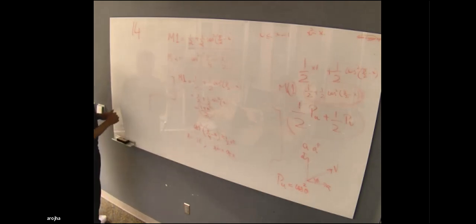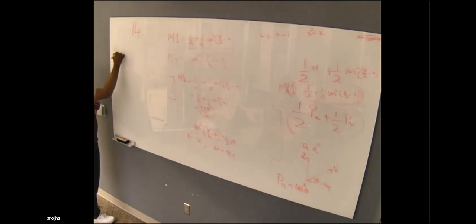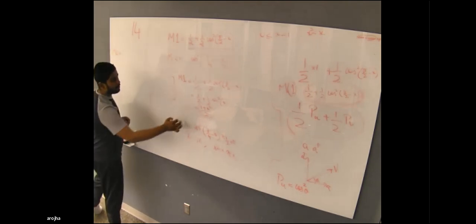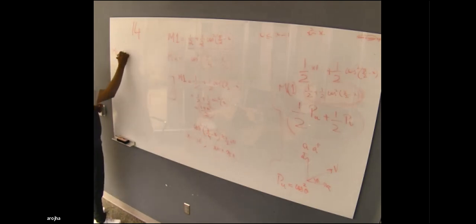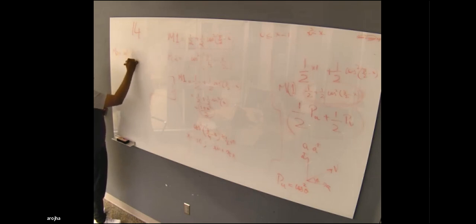Now I need to do M2. Is that the answer then? Yes, this part is the answer for M1. Then I need to calculate M2 and then compare them. M2 is cosine square of pi by 4 minus x by 2. So let me think about this.